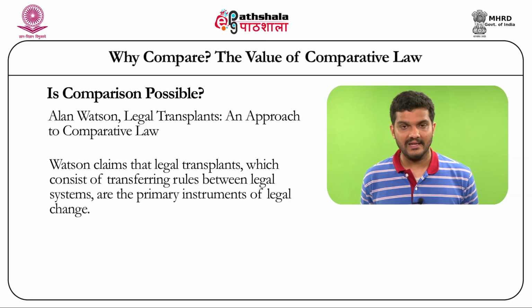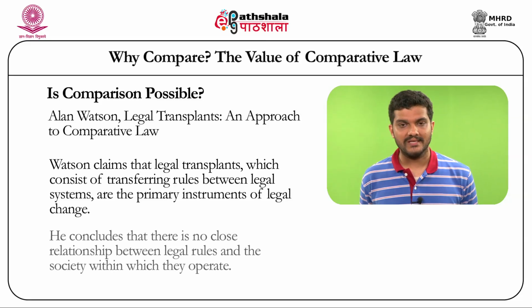He claims that legal transplants, which consist of transferring rules between legal systems, are the primary instruments of social change. In light of overwhelming evidence of the widespread transfer of rules, Watson concludes that there is no close relationship between the legal rules and the society within which they operate.